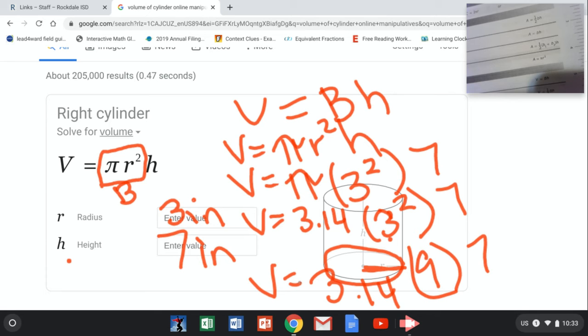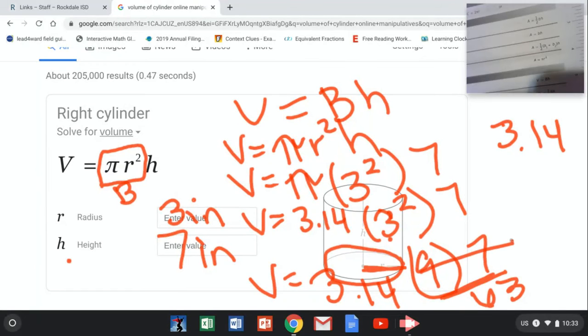So it doesn't matter if I multiply this first or the 3.14 times 9. Well, I happen to know that 9 times 7 is 63. So it may be easier to go ahead and do 3.14, go ahead and make that 63. I took care of that. And then multiply times the 3.14. And when you do that, it will give you the volume of this cylinder.